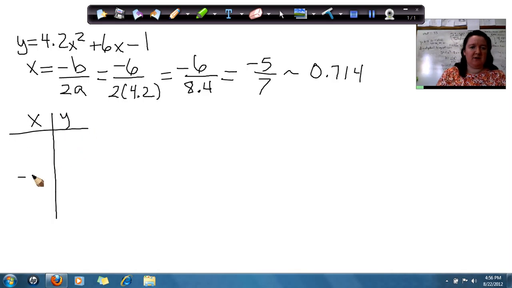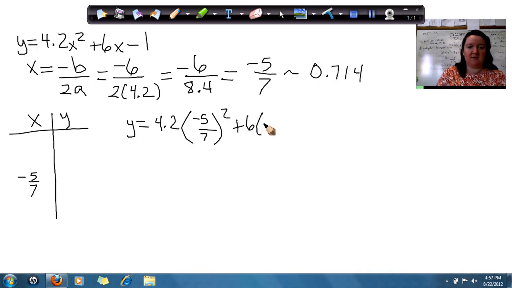So if we have a negative 5 over 7, we plug that back into our original equation. We'll take y equals 4.2 times a negative 5 over 7 squared plus 6 times a negative 5 over 7 minus 1.